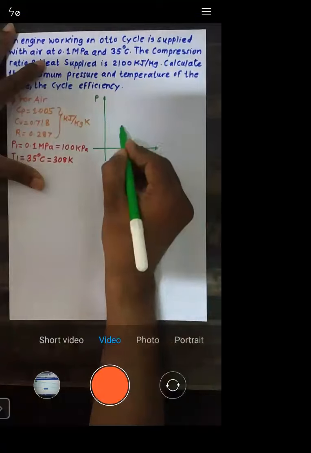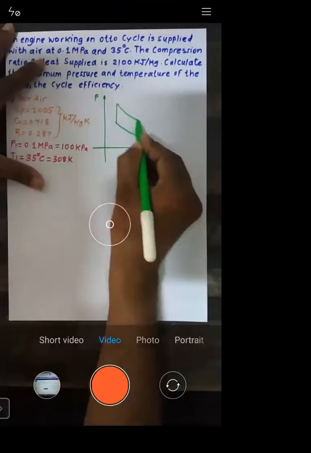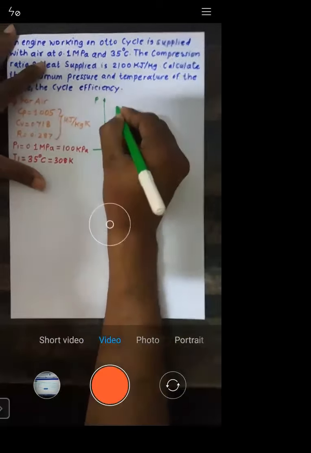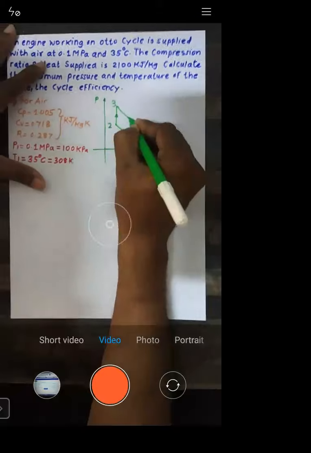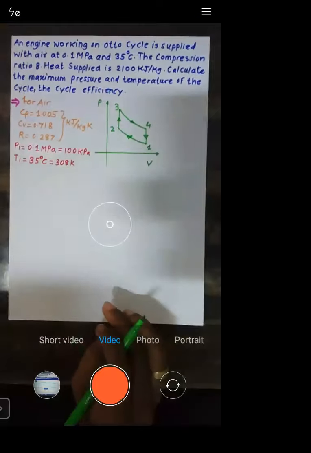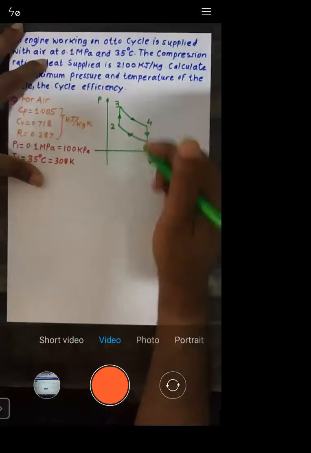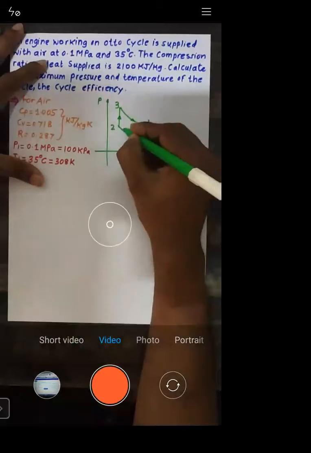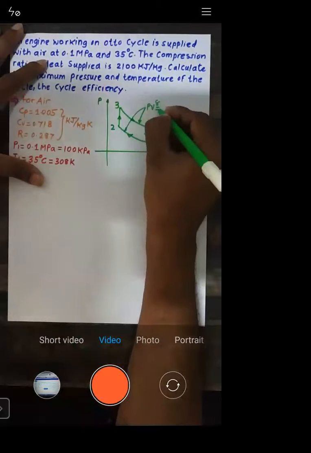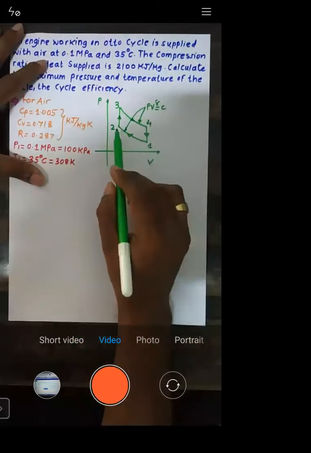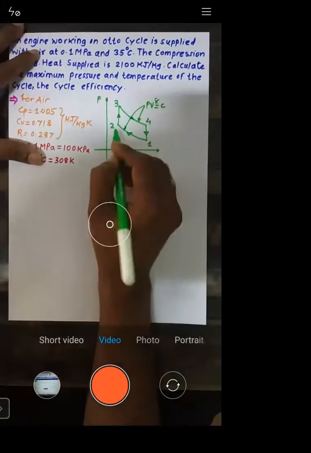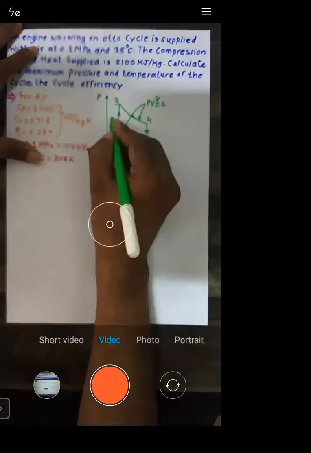The PV diagram for the Otto cycle is like this: 1 to 2, then 2 to 3, then 3 to 4, and then 4 to 1. Processes 1 to 2 and 3 to 4 are adiabatic, governed by the law PV raised to power gamma is equal to C. During 1 to 2 and 3 to 4, entropy is constant, that is, adiabatic or isentropic. And during 2 to 3, we are supplying the heat.